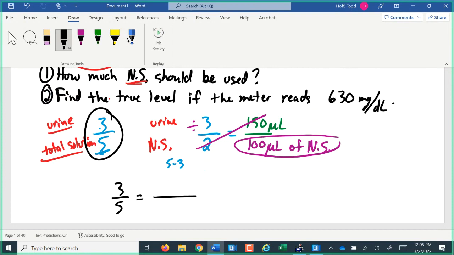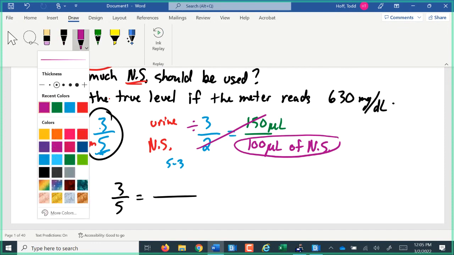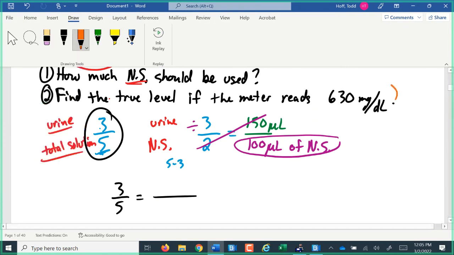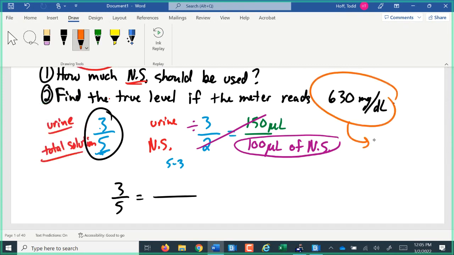We have reduced the concentration, so whatever the true level is, we would expect the true level to be larger, greater than what the meter reading tells us.